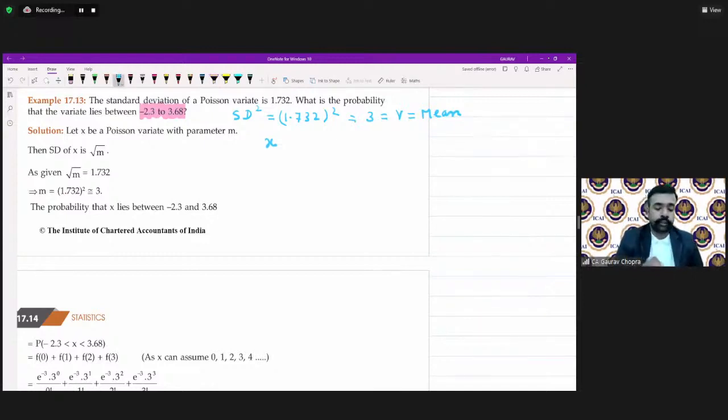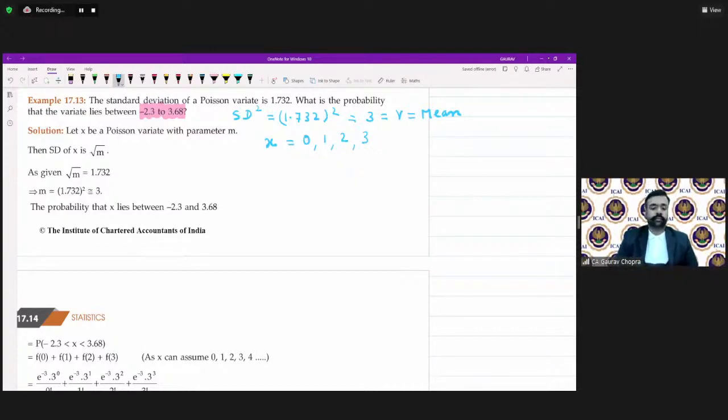And in that, 0 is also included. So 0, 1, 2, and then 3. So these are included here.